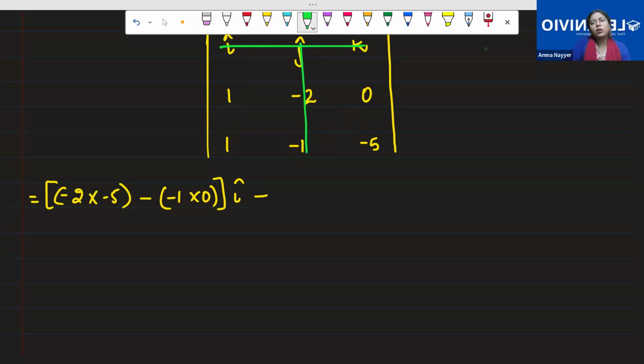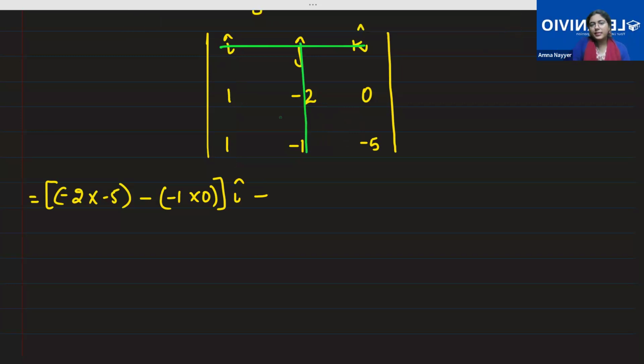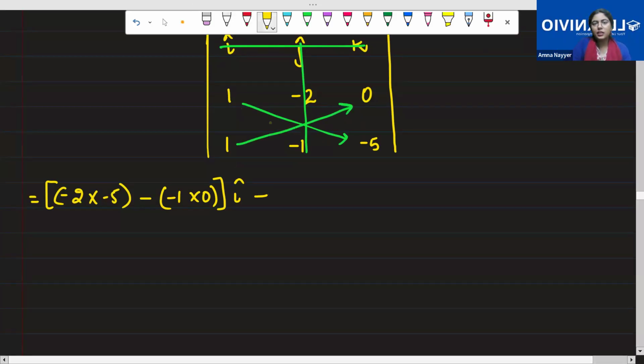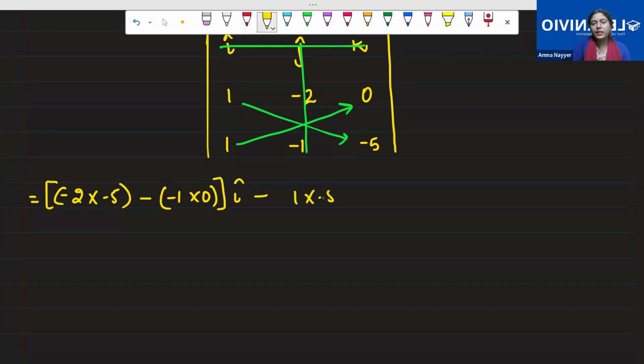Then we cut the row and column for the j cap, and again go diagonally down minus diagonally up in this manner. So that makes 1 into minus 5 minus 1 into 0. This much of j cap.